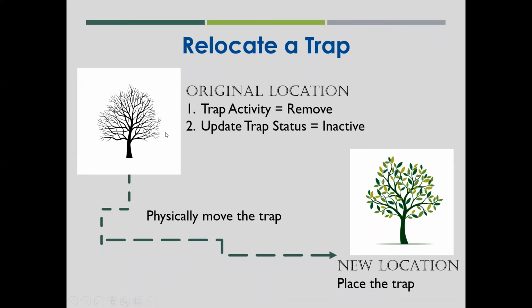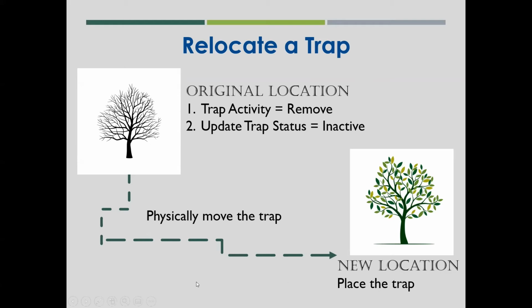And then I've got this little dotted line, like imagine yourself physically walking to the new location, or maybe driving, whichever. And then you can perform that original place a trap workflow, where you fill out that form and you place an actual physical location on the map and a symbol for that trap location.